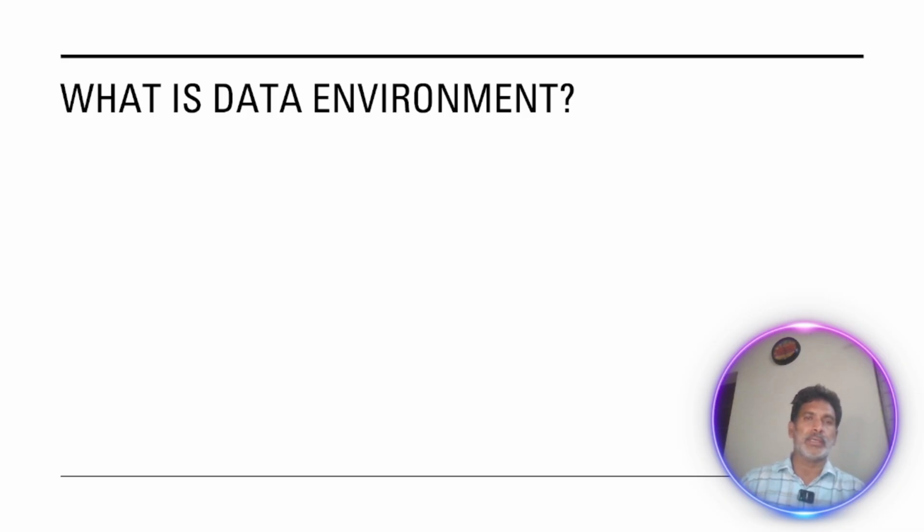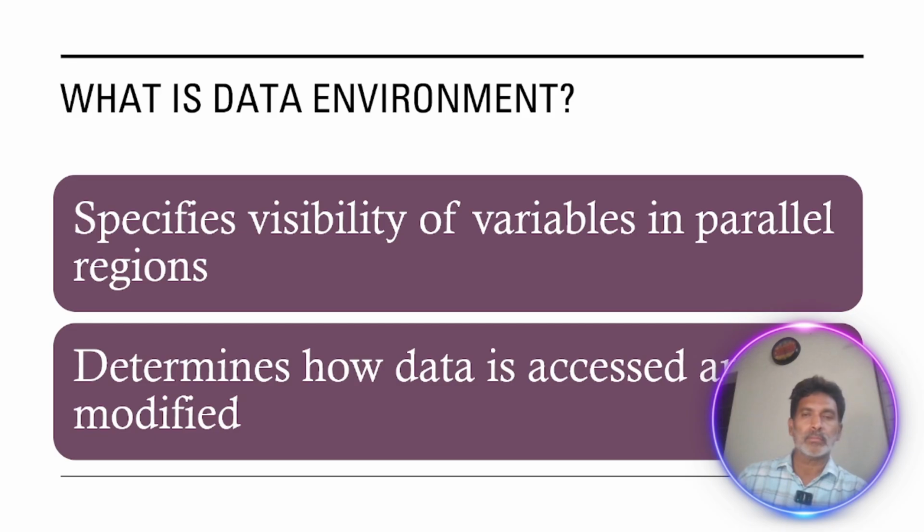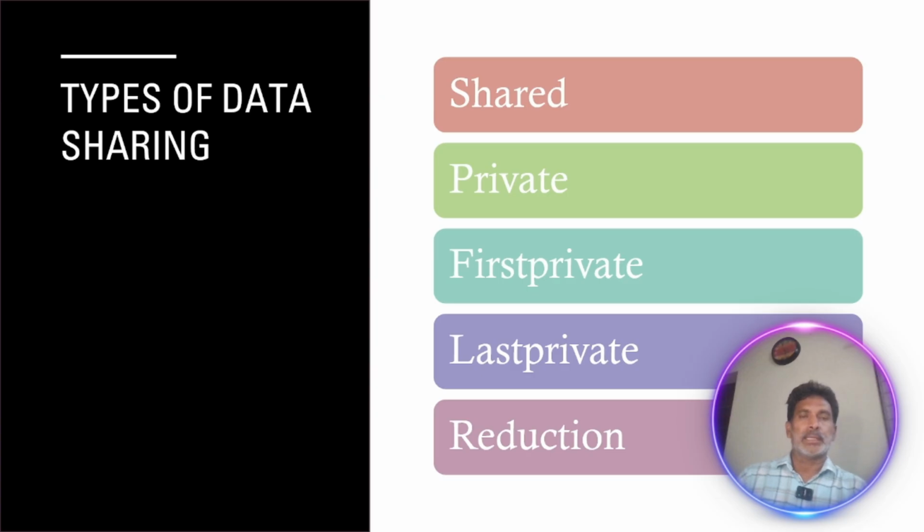Based on the data environment, variables are typically categorized into shared variables, private variables, firstprivate, or lastprivate. Shared variables are accessible by all the threads, while for private variables each thread has its own copy.